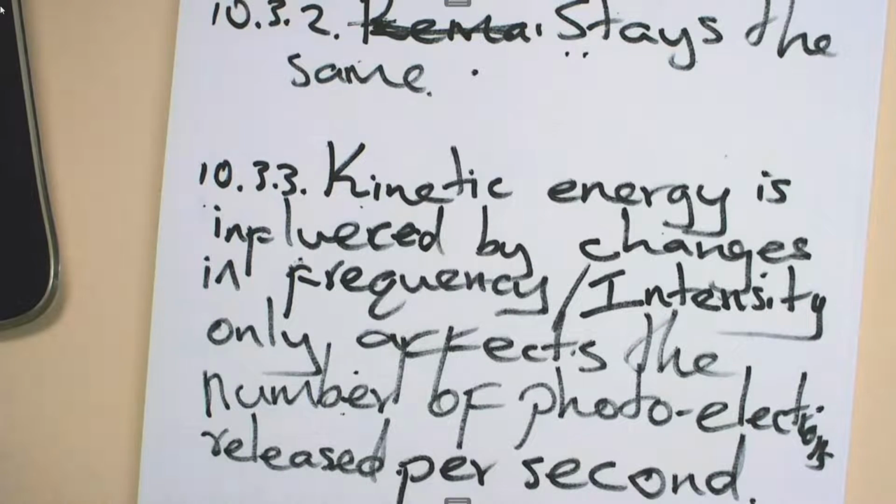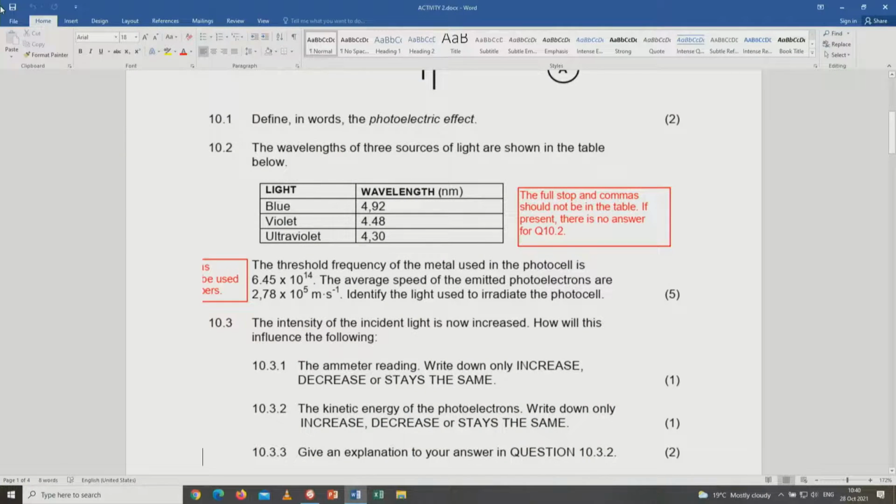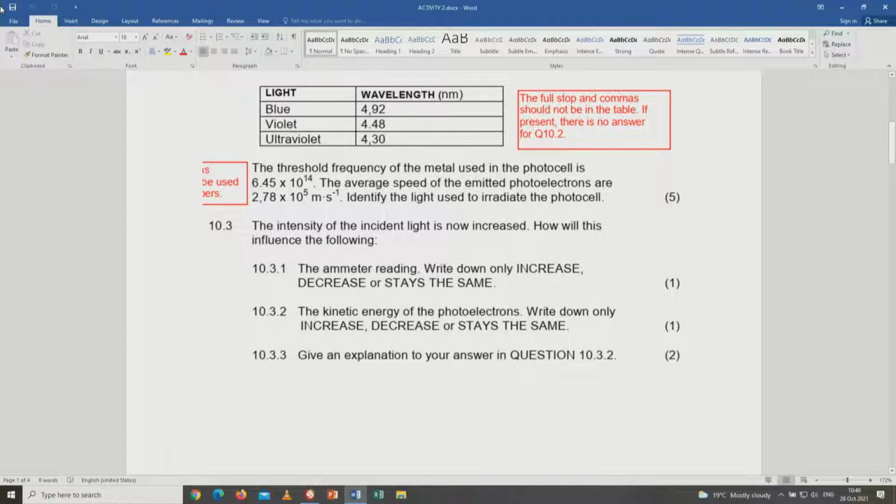Okay, then moving on to the next question, or we are done with this one. We need to know the influence of intensity and the influence of frequency on the ammeter reading. But what I said earlier is that whenever you increase the intensity of light, this light must be able to release electrons from the surface of the metal.